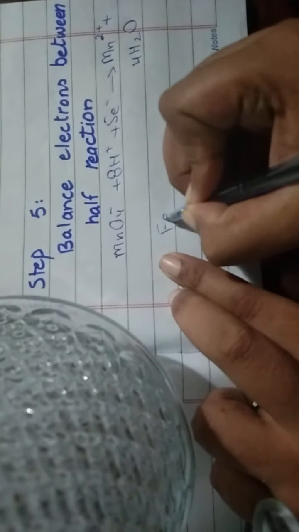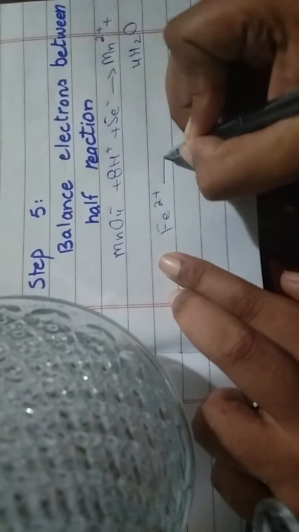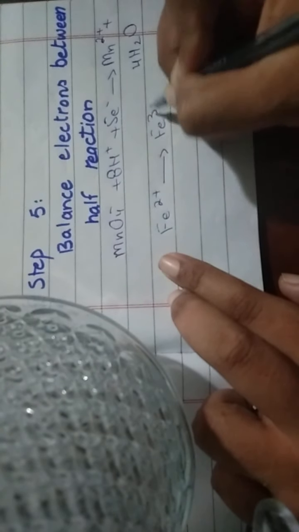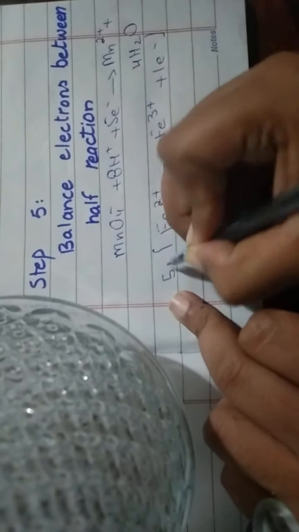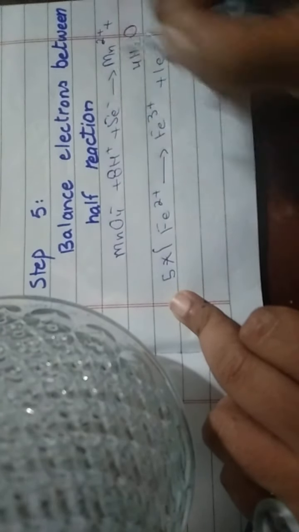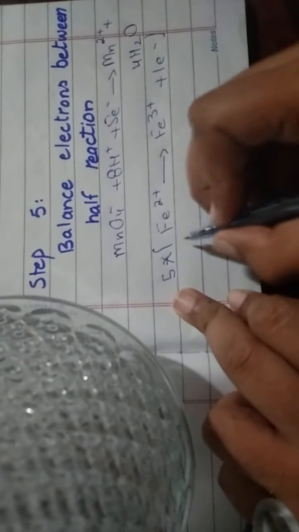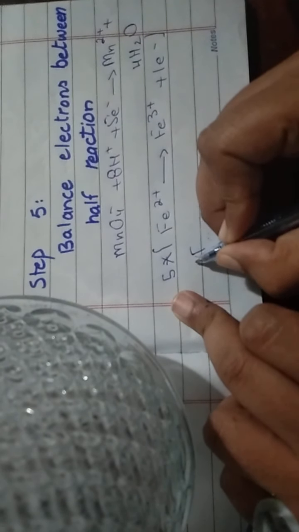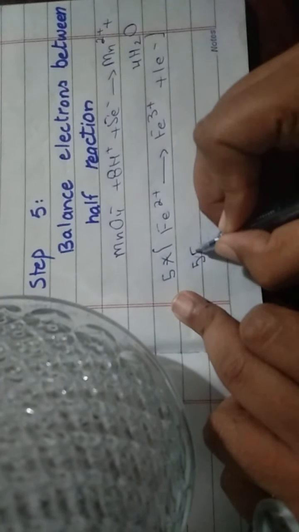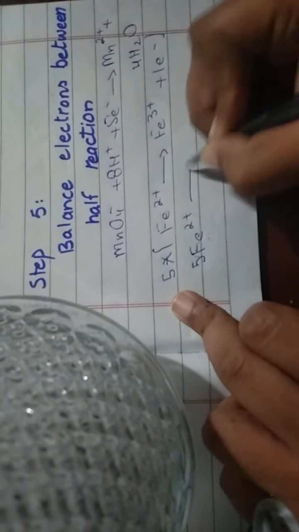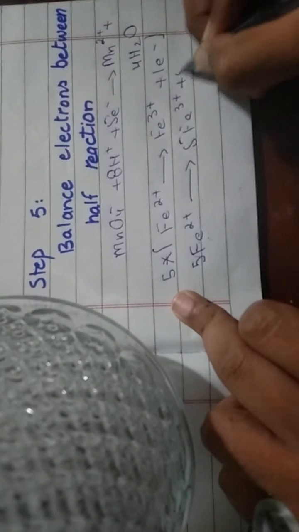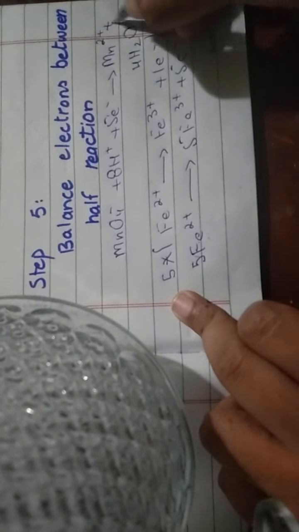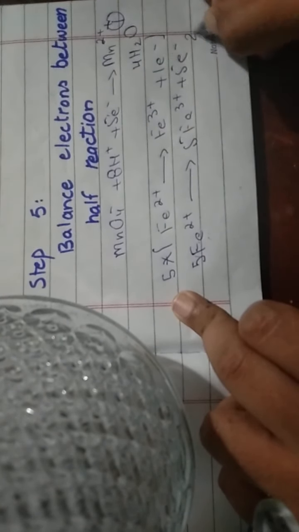So I'll multiply this reaction with 5 because we have 5 in the first reaction. Our reaction will become this. So this is our first reaction while this is our second reaction.